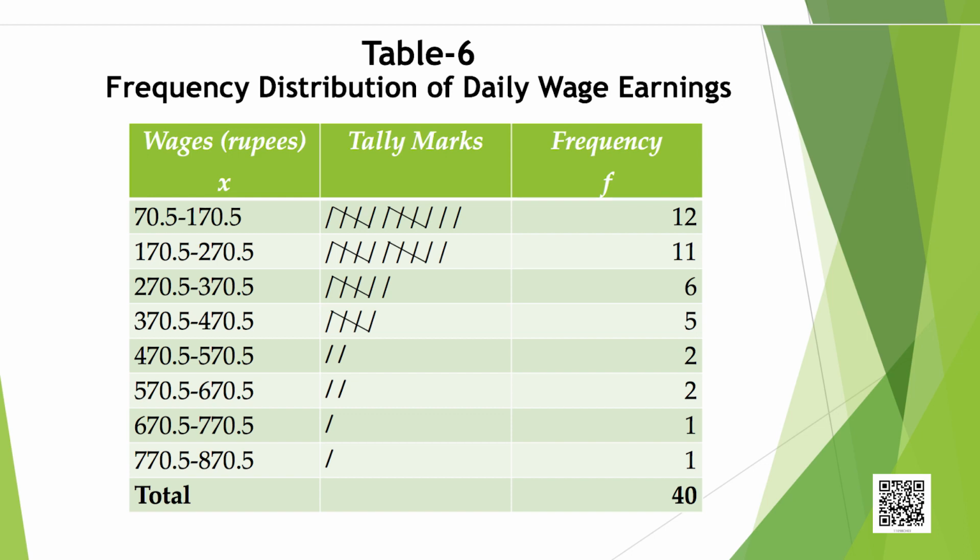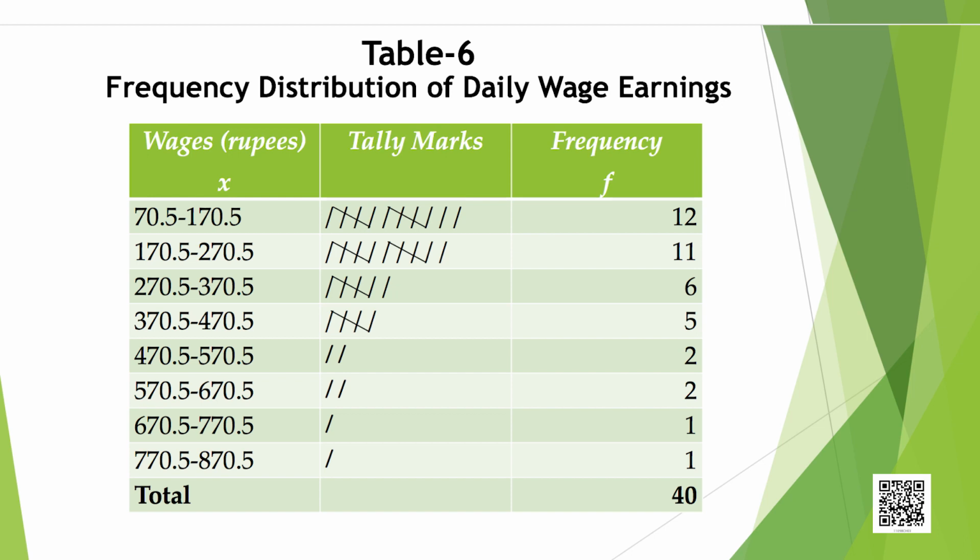Now, you can see how the frequency distribution is shown in table 6 on the screen. Once the data have been grouped into class intervals, we obtain the frequency distribution.